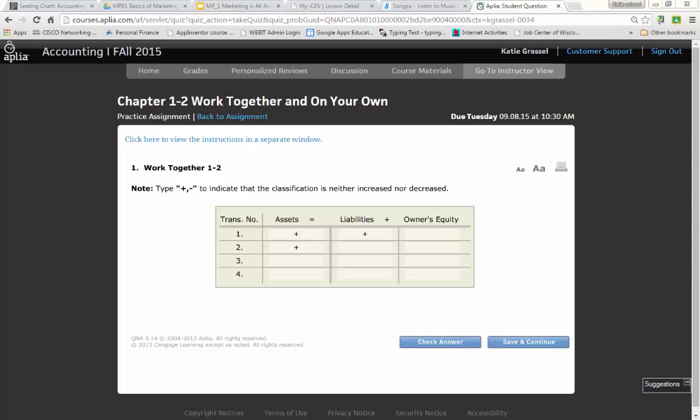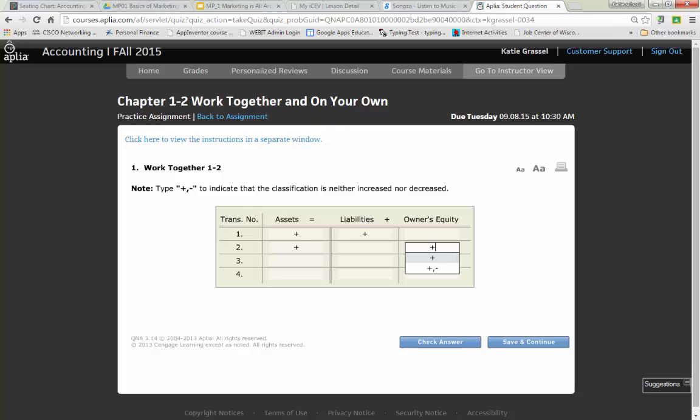The key word is before investment: owner as an investment, so it's going to need to be our owner's equity. So we are going to have an increase in our owner's equity because the owner is putting money into the business.